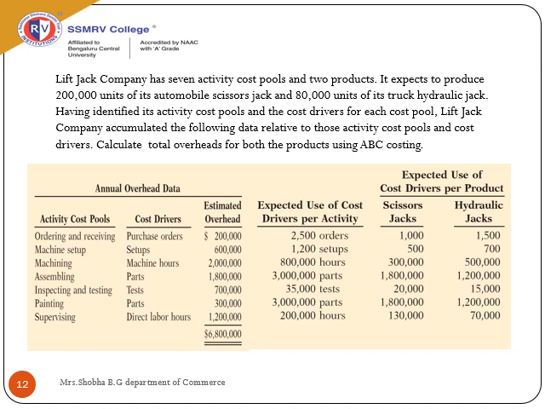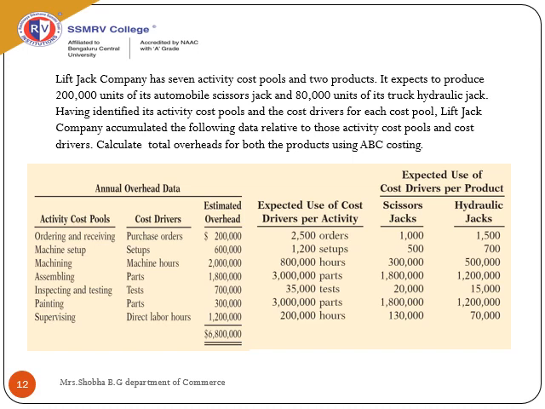The third column is about the estimated overhead. These are not product-wise. This is the total estimated overhead that they are going to spend for both the products. Then the fourth column is the estimated cost drivers, right? When they produce products, they know how many times each activity has to happen.